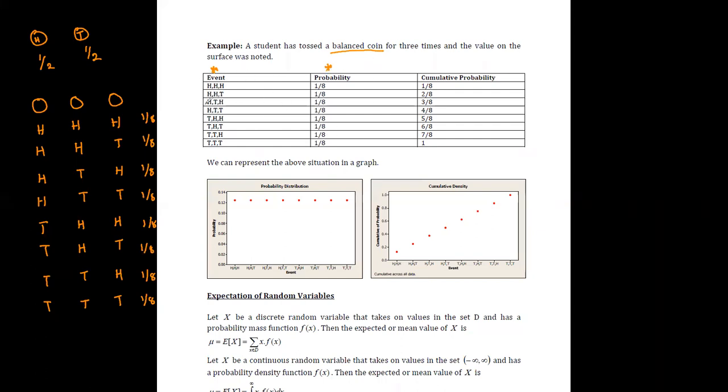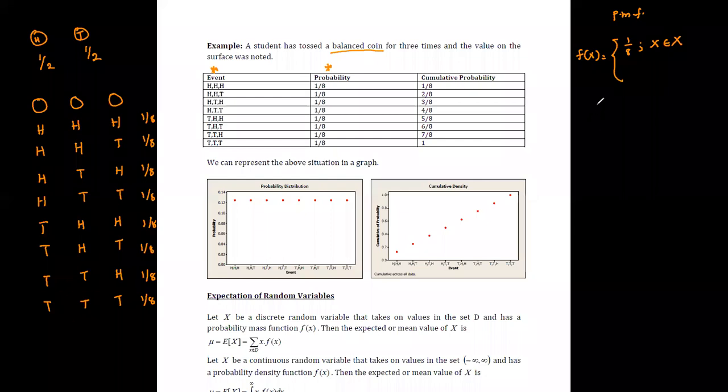Therefore, if you simply consider these first two columns, then it will be your probability mass function. Here it is in tabulated form, or else you can write it as f(x). f(x) would be equal to 1 over 8 for x belongs to set X and 0 otherwise.